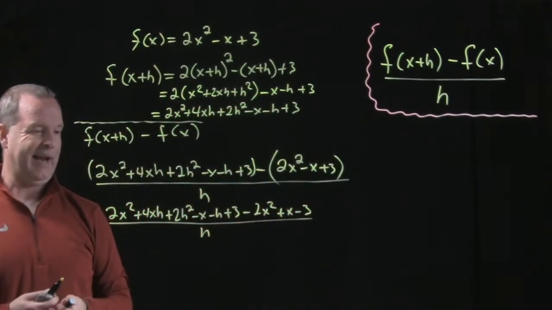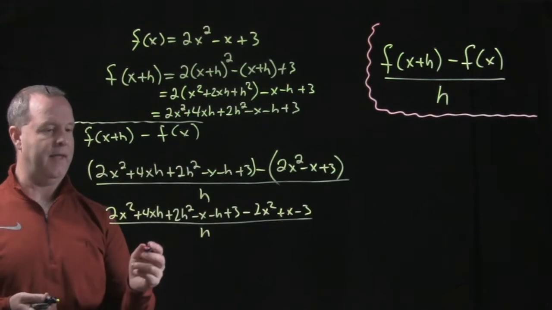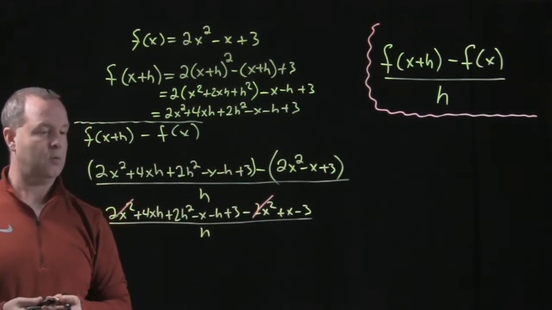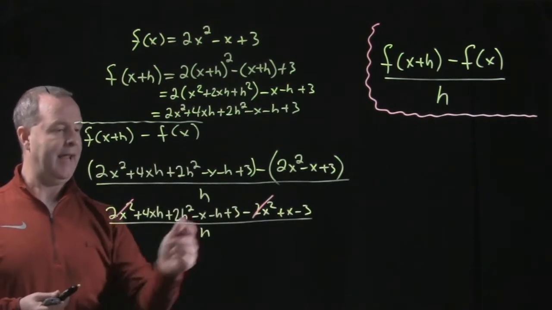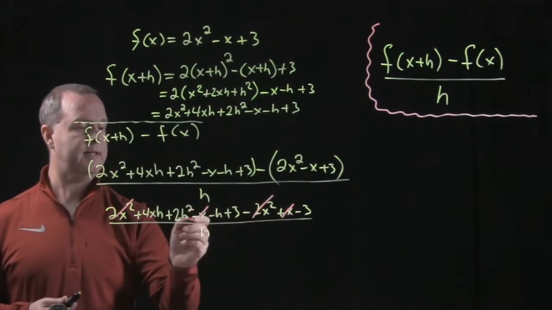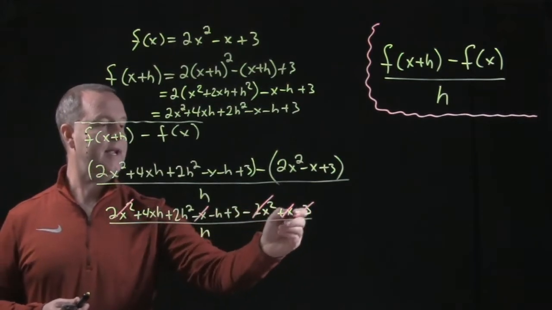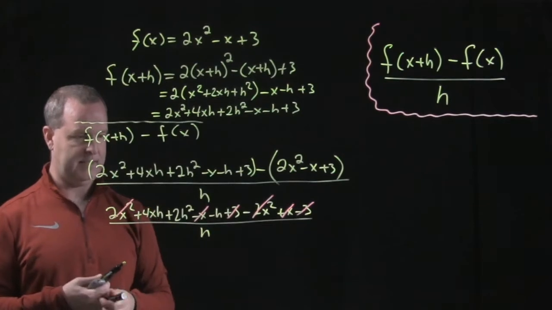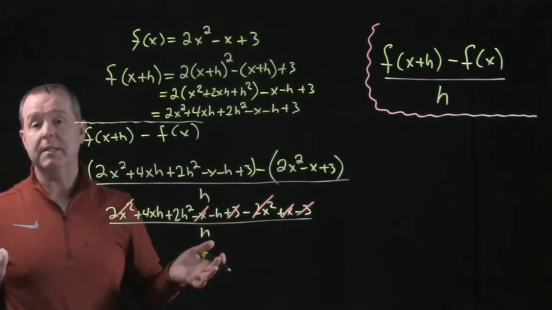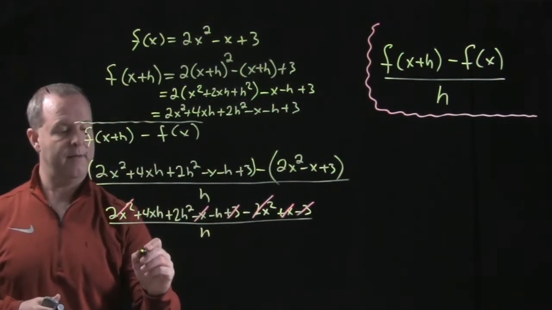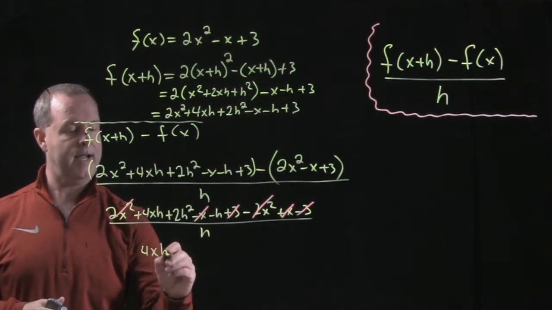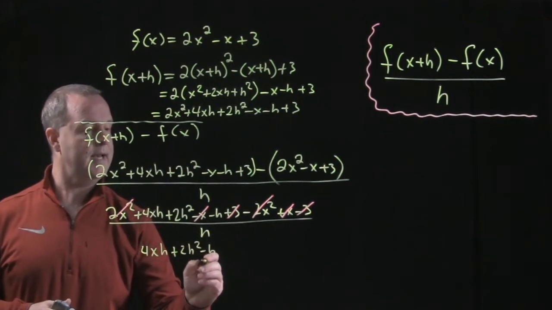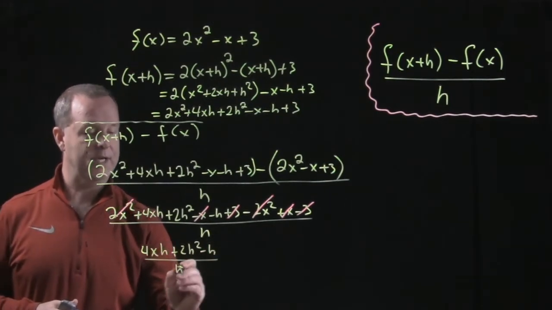So let's get the canceling out marker and let's have fun with that. So I have a negative 2x squared, cancels out with a 2x squared. I have a positive x, cancels out with this negative x. I have a 3 and a negative 3 that cancel each other out. And from there, I don't see anything else, so let's clean it up a little bit and see. So I'm left with a 4xh plus a 2h squared minus an h all over an h.